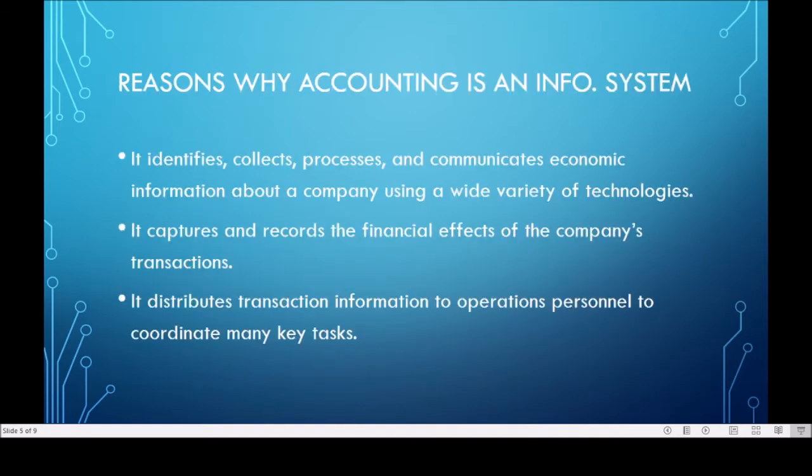Reasons why accounting is an information system. Okay, take note, accounting is an information system because whether it's a manual accounting information system or a computerized accounting information system, take note, accounting identifies and collects, processes, and communicates economic information about a company using a wide variety of technologies. Okay, in accounting, we gather data in the form of documents.